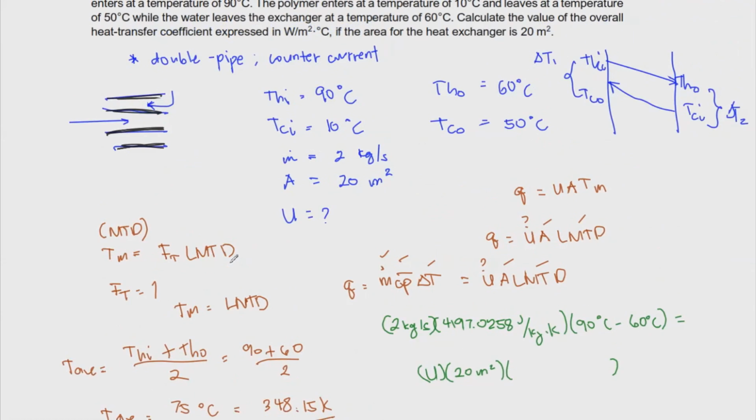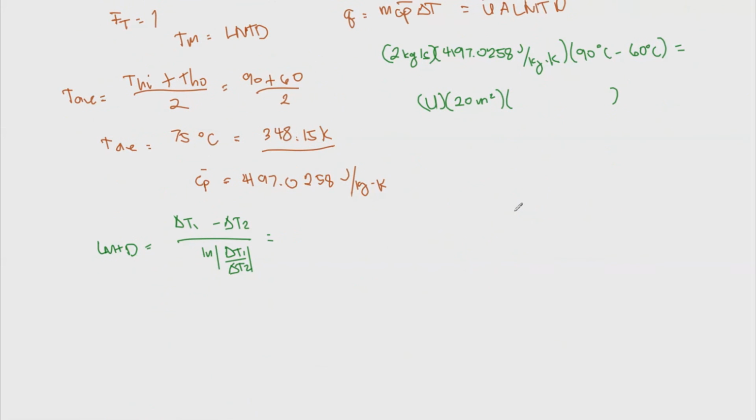kind of flow. So in this case, we have delta T1 is THI and then TCO. So we have THI minus TCO and then minus THO minus TCI. And then, of course, ln of THI minus TCO over THO minus TCI.